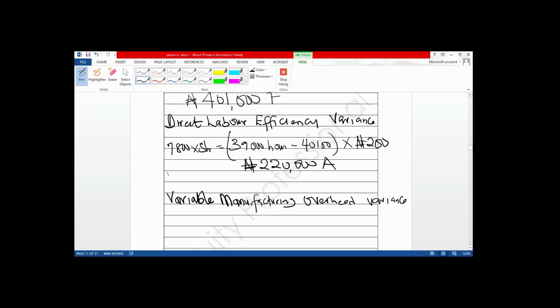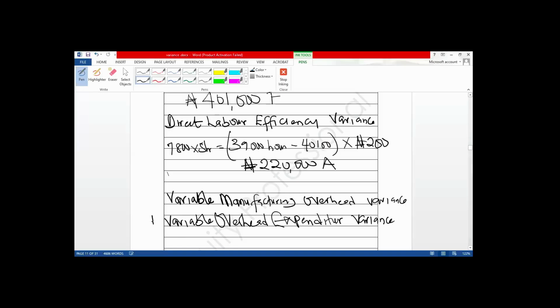We can divide this into 2. We have variable overhead expenditure variance.